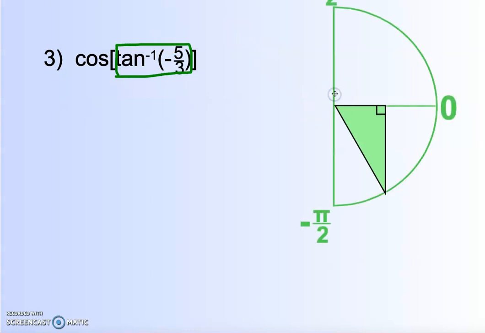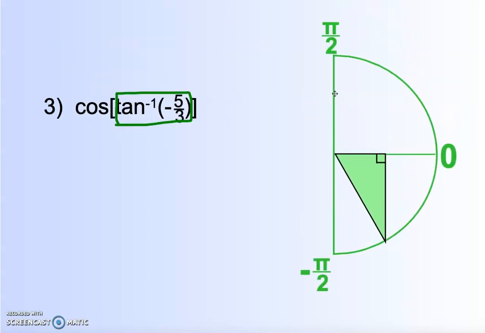And I know that it's in quadrant 4 because of the negative. And I know that an inverse tangent gives me some angle alpha. And I don't know what alpha is, but I really don't care. I know that the inverse tangent is negative 5/3.